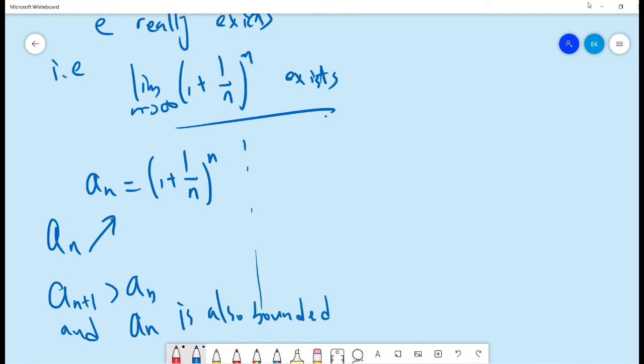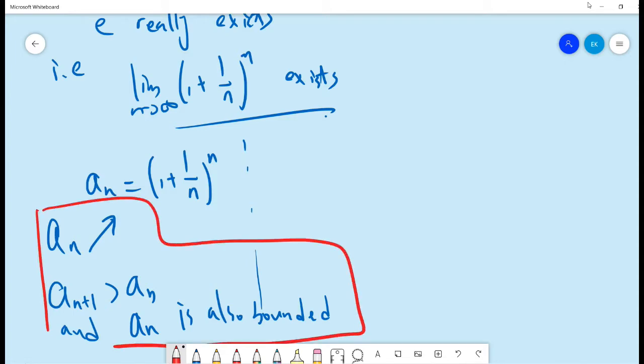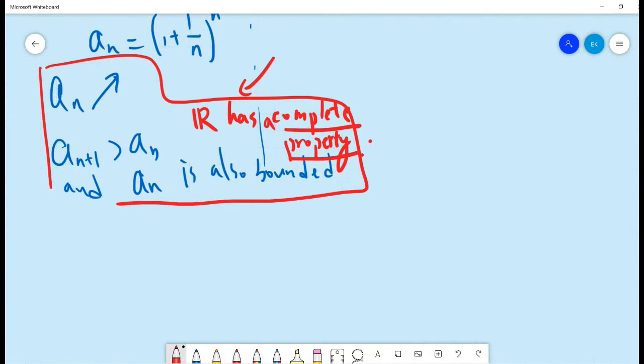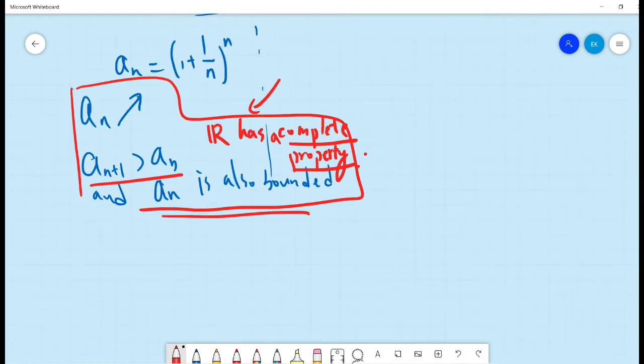Then from the completeness property of the real numbers, we can show that the limit of a_n must exist. Basically, any Cauchy sequence will converge in the real line. So what we need to show is that a_n is increasing and bounded.